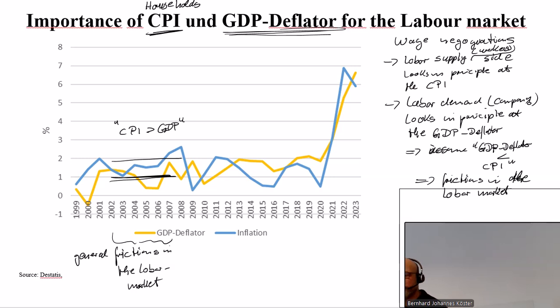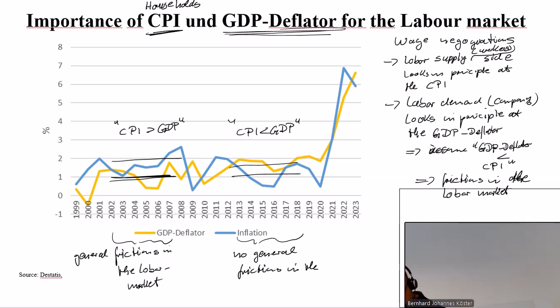And here we have the situation where they are the same or inflation is a little bit below the GDP deflator. And this would mean no general frictions in the labor market.